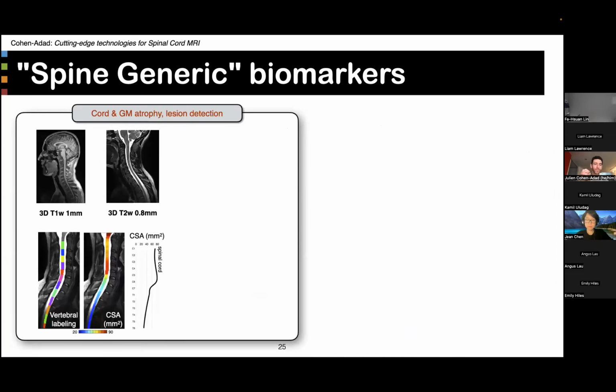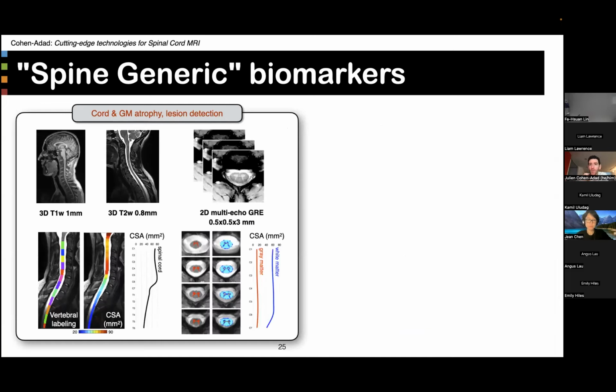So in brief, the protocol includes a 3D T1 weighted scan that includes the whole brain, and a higher resolution T2 scan as well for cord atrophy measures. There is also a 2D high resolution multi-echo gradient echo scan, to have good white and gray matter contrasts.